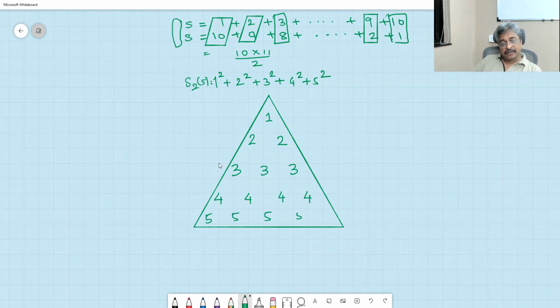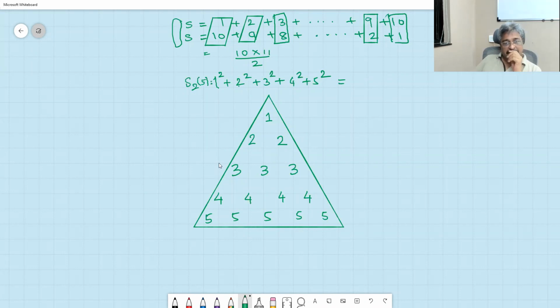So practically you want to add all these numbers to get this answer. 1 is 1. 2 into 2 is 4, so I am writing 2 times, therefore the addition of them is 4. 3 raised to 2 is 9, so I am writing 3 plus 3 plus 3, eventually it will add up to 9. So the RHS is going to be the summation of all these numbers, right?